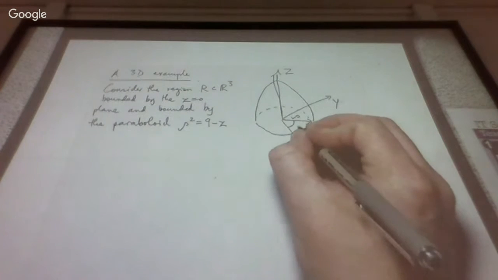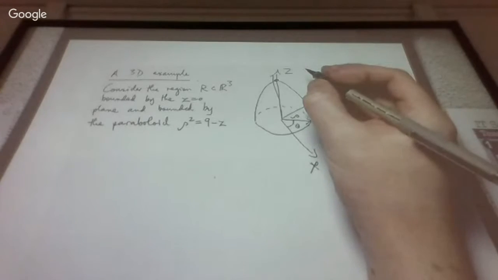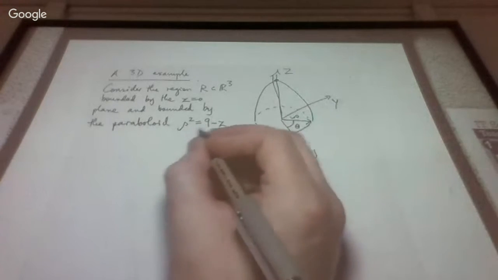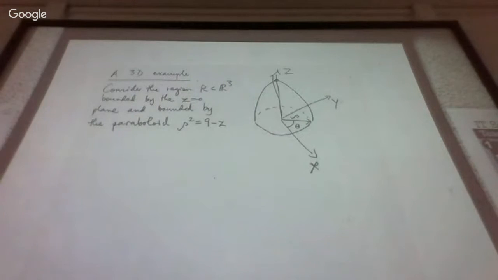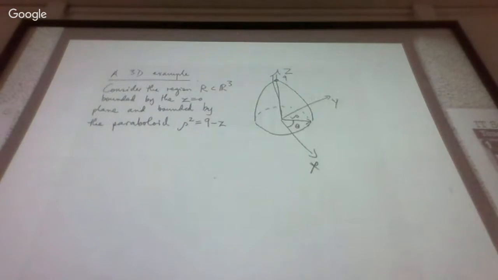That's part of the cylindrical coordinate system. Theta is this polar type angle here. The other aspect of the cylindrical coordinate system is z. Rho, the cross-sectional radius, is 0 when z is equal to 9. So this point at the top is where z is equal to 9.